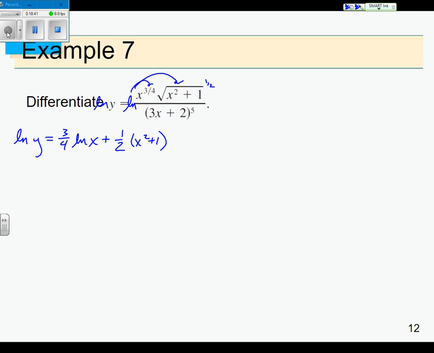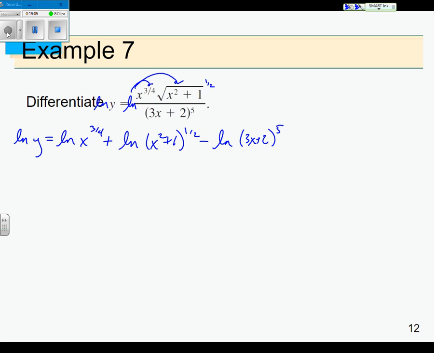Oh dear, let me do this in more steps. I'm trying to cut way too many corners. I can do x to the 3/4 plus natural log of x squared plus 1 to the 1/2. And if it's on the bottom, I can just subtract off natural log of 3x plus 2 to the 5th.